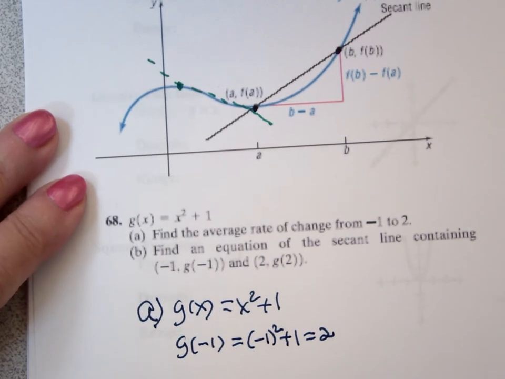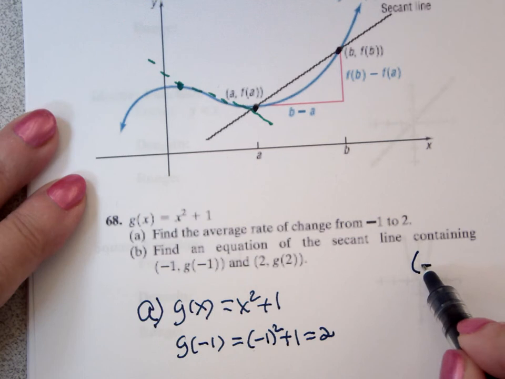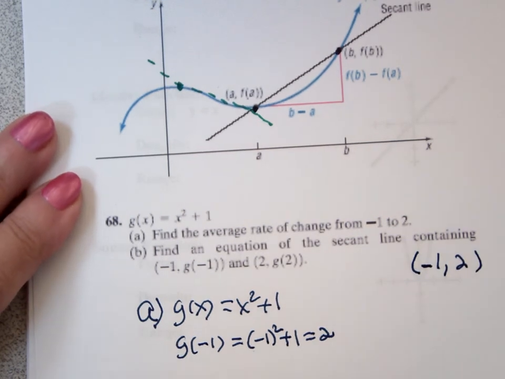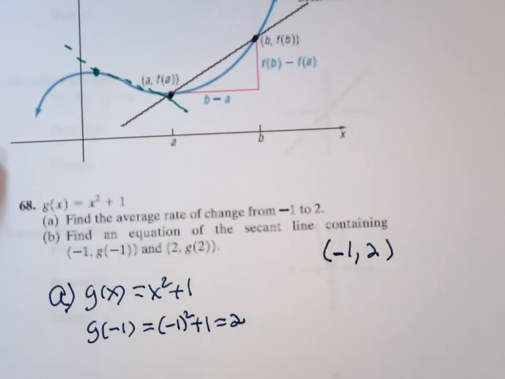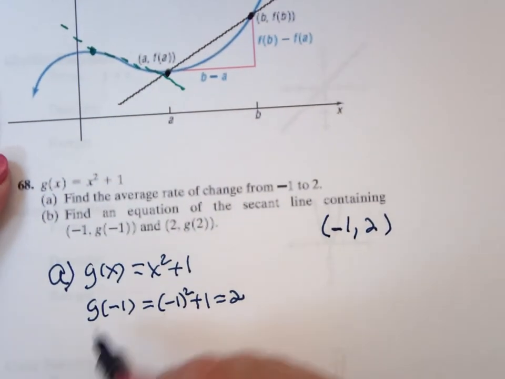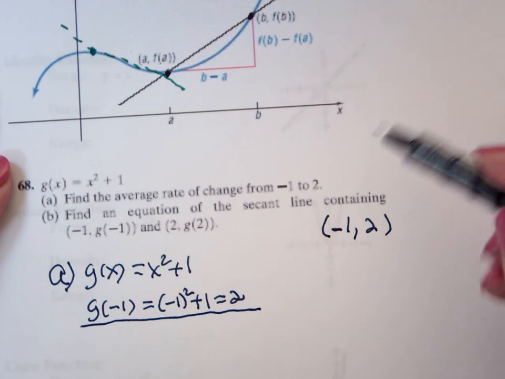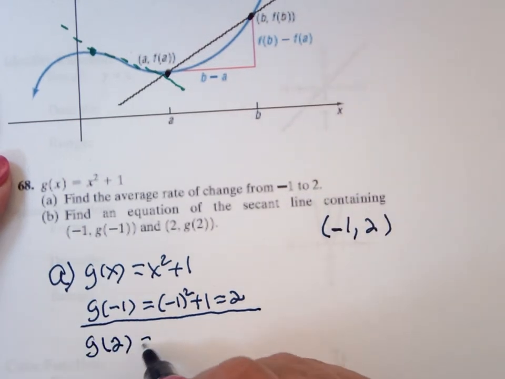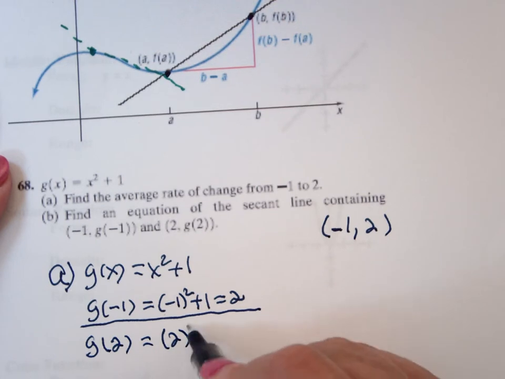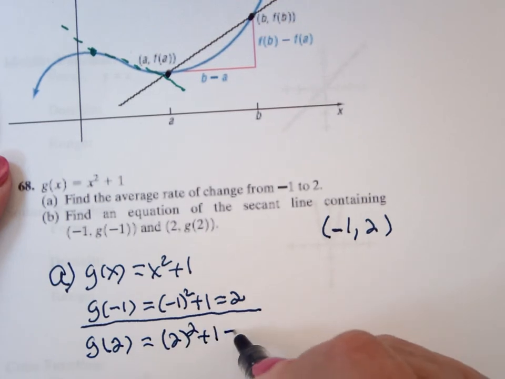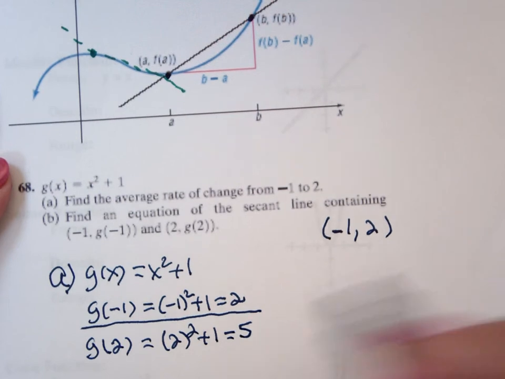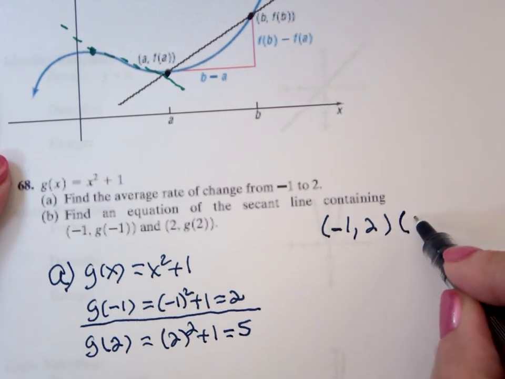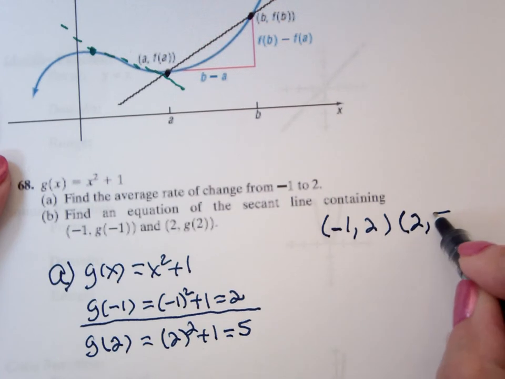So one of my coordinate points is going to be -1, 2. I need a second coordinate point, and that says from -1 to 2, I need g of 2, which is 2 squared plus 1, which is 4 plus 1, or 5. So my second coordinate point is going to be x equal 2, y equal 5.